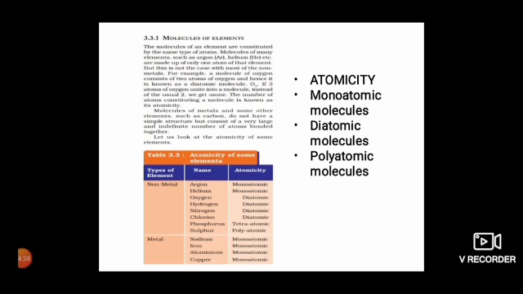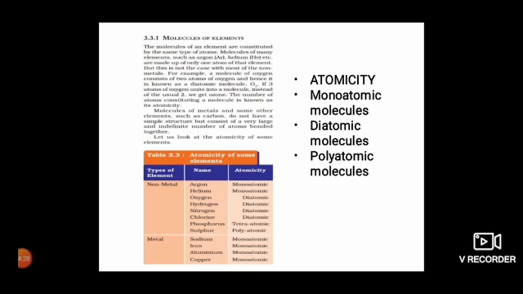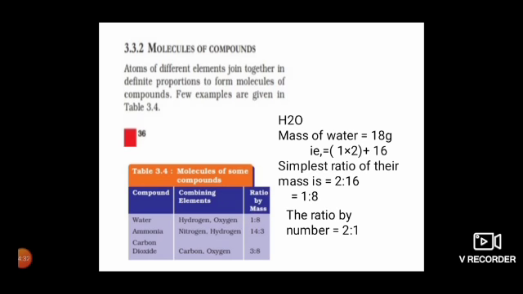Now, next, molecules of compounds. In this session we studied molecules of elements; now we are going to study molecules of compounds. Atoms of different elements join together in a definite proportion to form molecules of a compound. Compounds are formed by the joining of different elements, that is, different atoms.